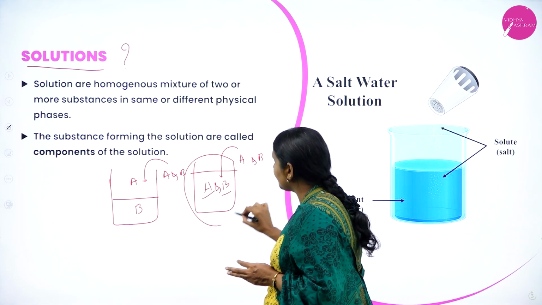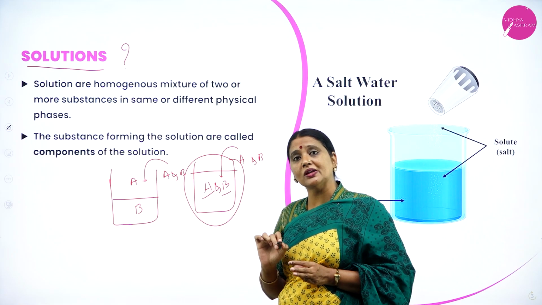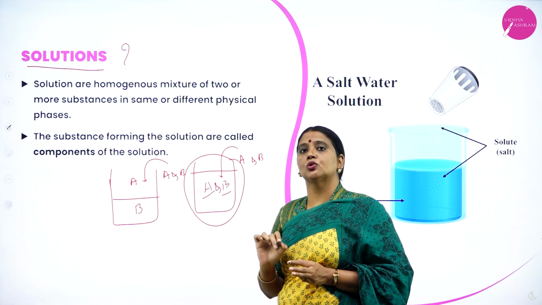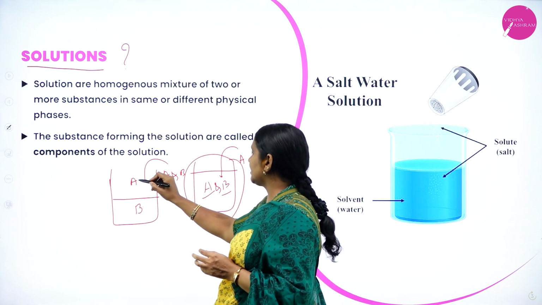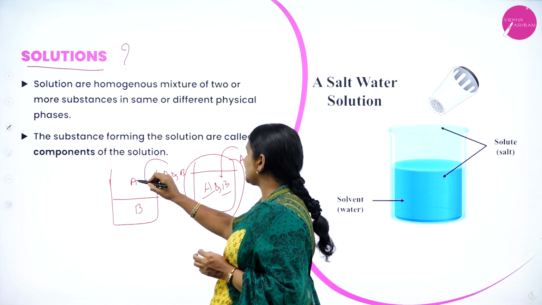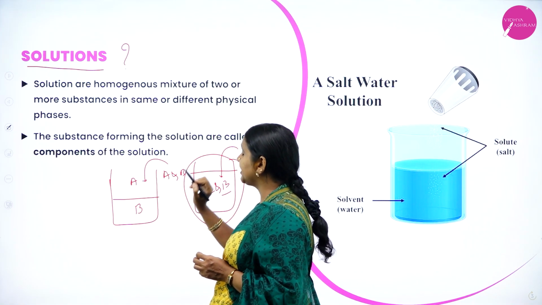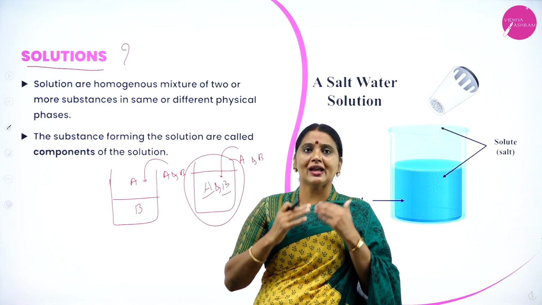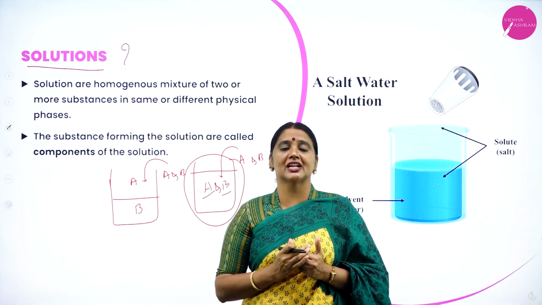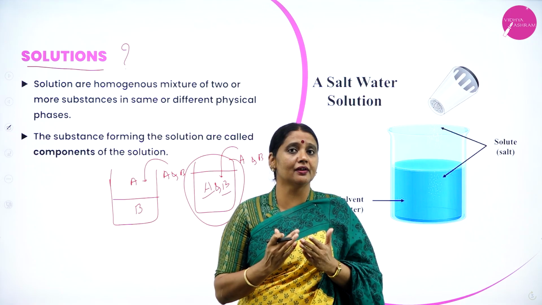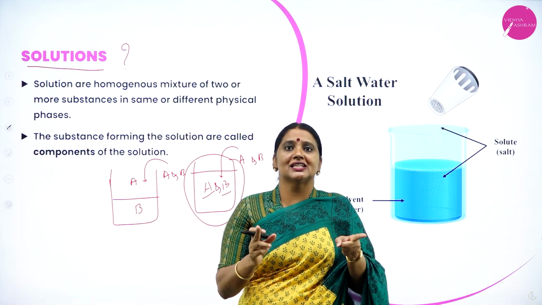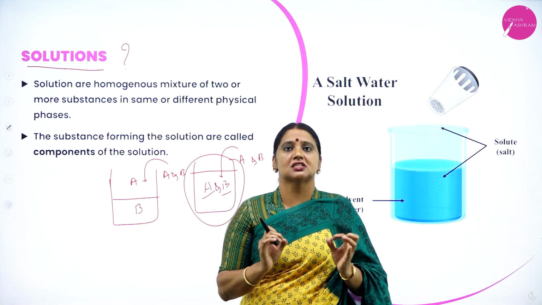Now when you observe only one phase in a mixture, that is called what? A homogeneous mixture. If you observe two or more phases or layers, it is called a heterogeneous mixture. Why am I explaining homogeneous and heterogeneous mixtures, my children? A solution is a homogeneous mixture.